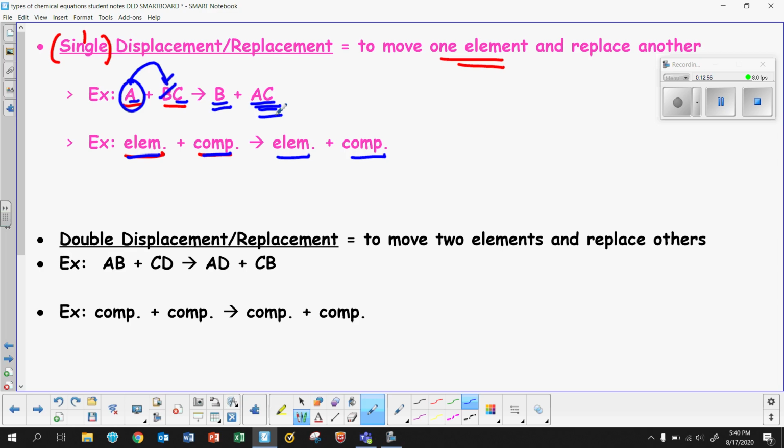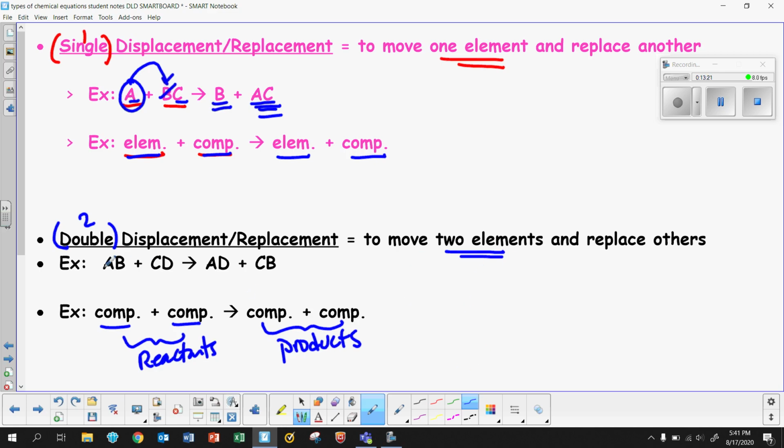Double displacement, double refers to two. It means two elements are switching places with each other. If two elements are switching places, it means we have to start with compounds everywhere. My reactants both have to be compounds, and my products both have to be compounds. That's the only way that two elements can switch places.